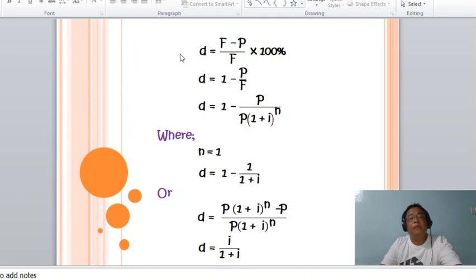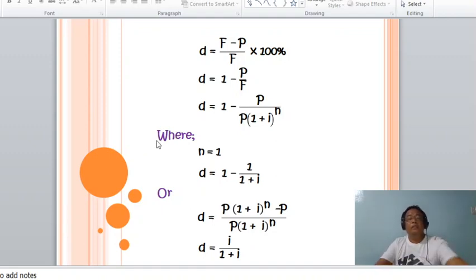Okay? So, knowing also that the future amount is equal to P multiplied by (1 plus I) raised to N, substituting it to the equation, then D now is equal to 1 minus 1 over (1 plus I).